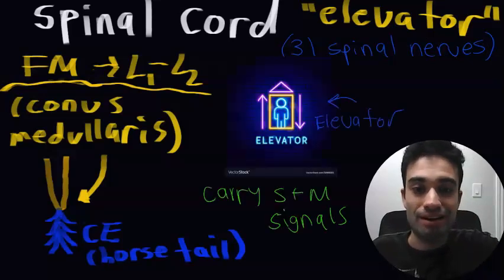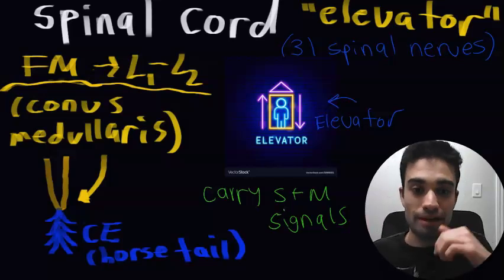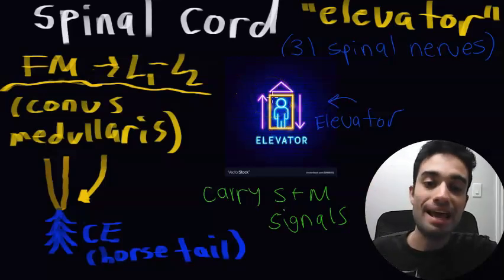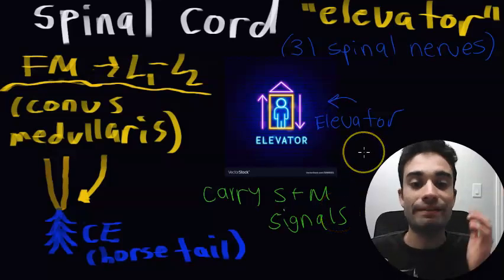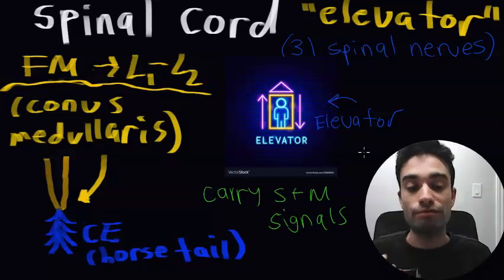And just like an elevator, it carries sensory signals up, we call those ascending signals, upstairs to the brain, and descending motor signals. So it's like an elevator that carries both motor and sensory information to and from the brain.